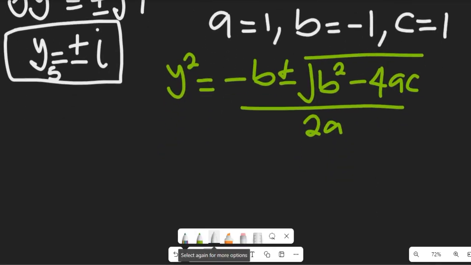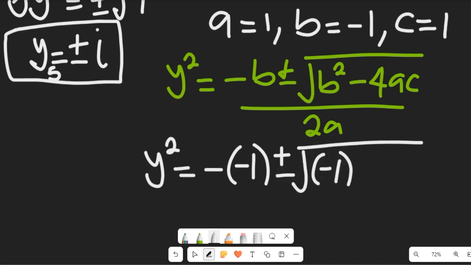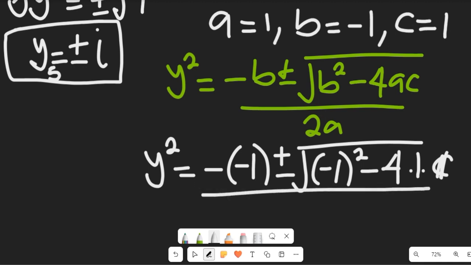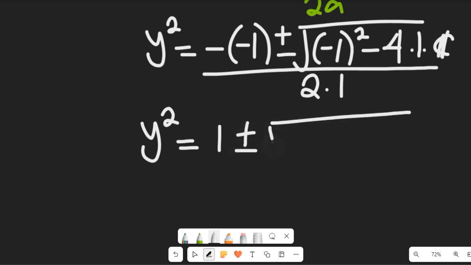Our y squared will now be equal to negative multiplied by -1 plus or minus square root of -1 squared minus 4 multiplied by 1 multiplied by 1, where c is equal to 1, and all these will be divided by 2 multiplied by 1. If we simplify that, we'll have y squared equal to 1 plus or minus square root of 1 minus 4, divided by 2.